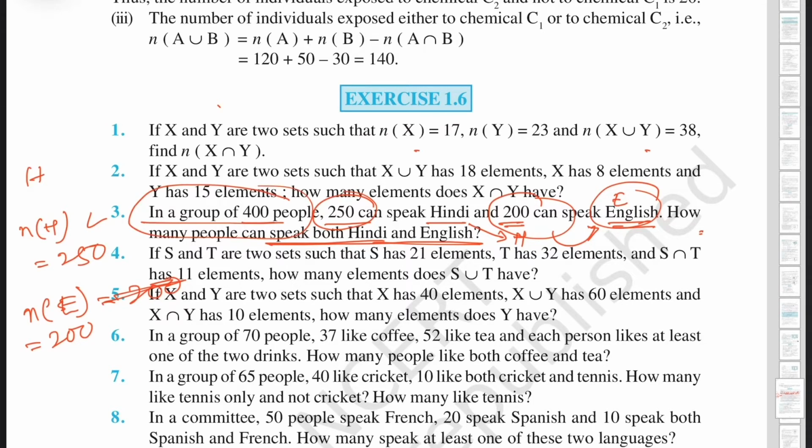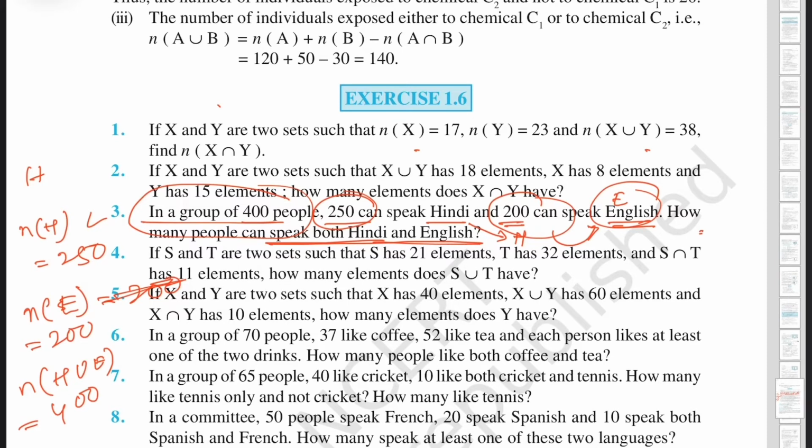The group has 400 people, so number of elements in H union E must be equal to 400, as it is not mentioned that there is any person in this group who cannot speak Hindi and English both. That's why it must be 400.